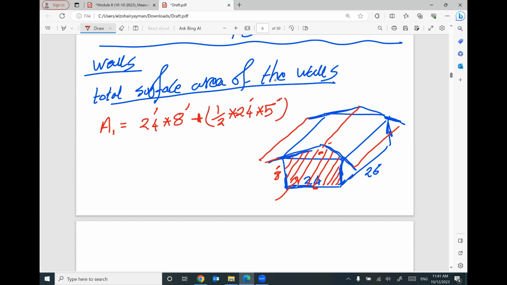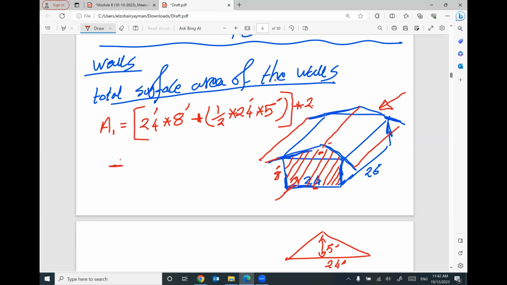Yes, it's a triangle. The base of this triangle is 24 and the height of this triangle is 5 feet. The area of this triangle is 1/2 times 24 times 5. That makes sense? And keep in mind, this wall is repeated 2 times, from this side and from the other side.